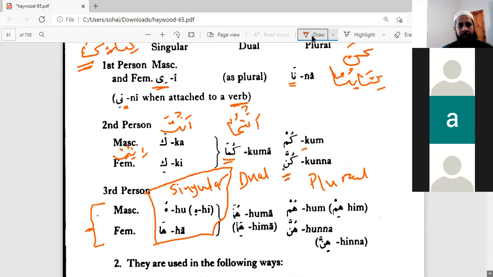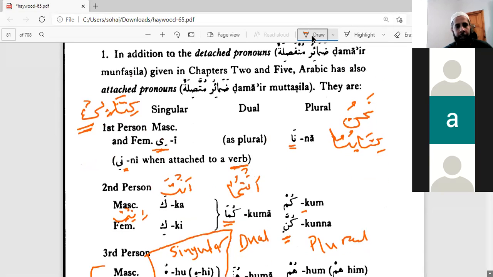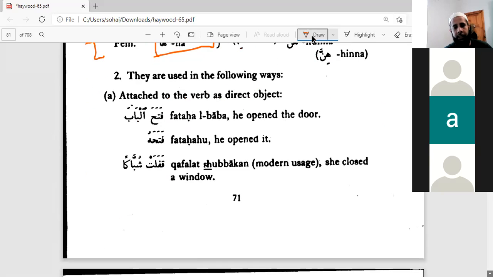As you saw in my video, these can be used with various different things. First of all, it gives an example of how they are used with the verb. When you see an attached pronoun with the verb, you know straight away, you don't need to look at anything, that this is going to be a direct object. So for example, how do you say he opened the door?